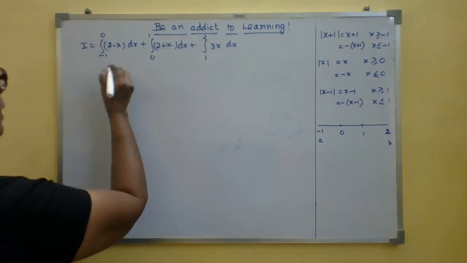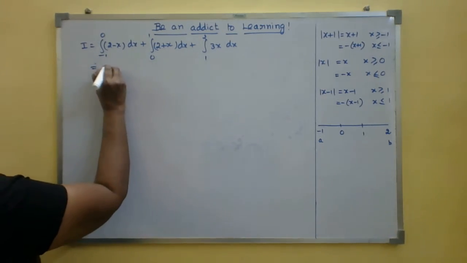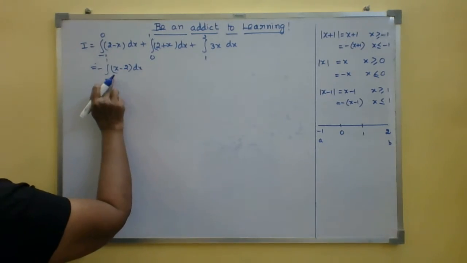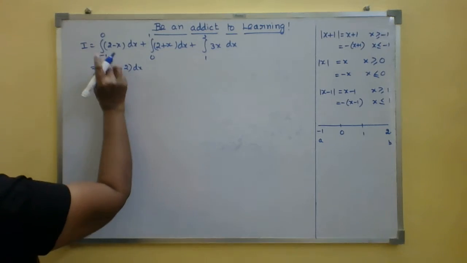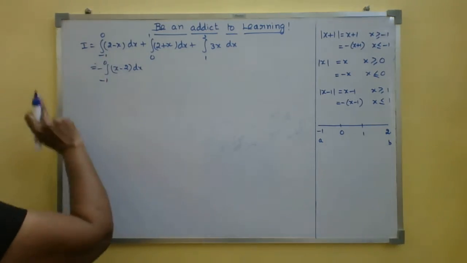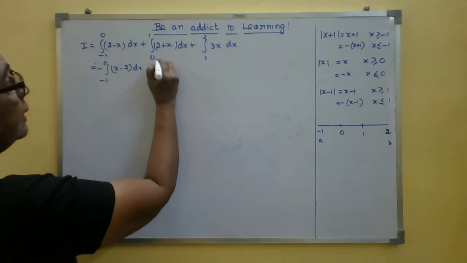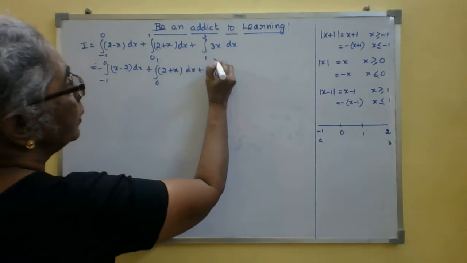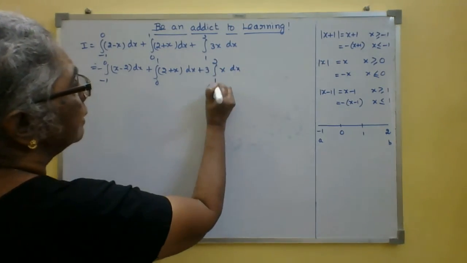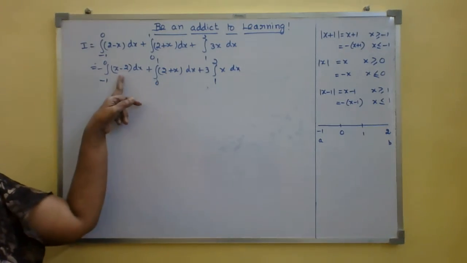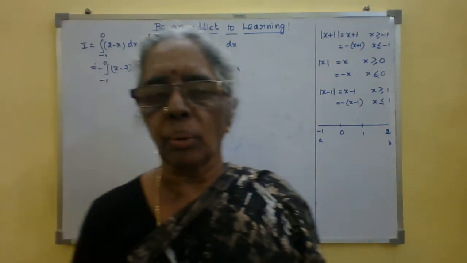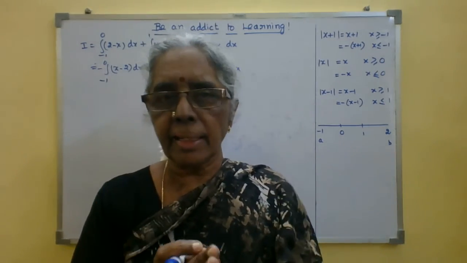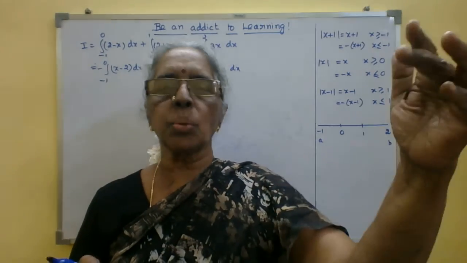Now in the first integral I am going to take one minus out so that I will get x minus 2 dx. That will be easy for me to integrate. So I am taking minus, integral from minus 1 to 0, x minus 2 dx. Here let me keep it as it is, 0 to 1, 2 plus x dx. Here I will take 3 out, 1 to 2, x dx. Now when I integrate this x minus 2, I can do it in 2 ways. I can integrate them separately like x squared by 2 minus 2x, or I can take that x minus 2 as a whole and write x minus 2 the whole square by 2.